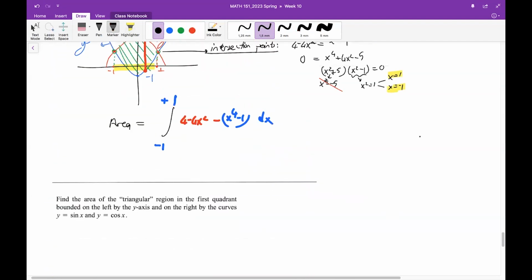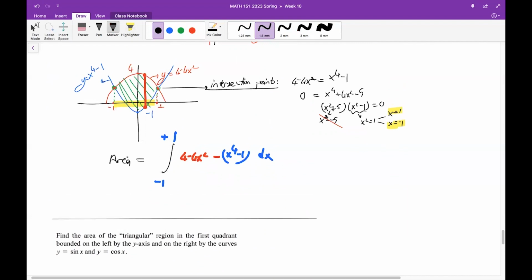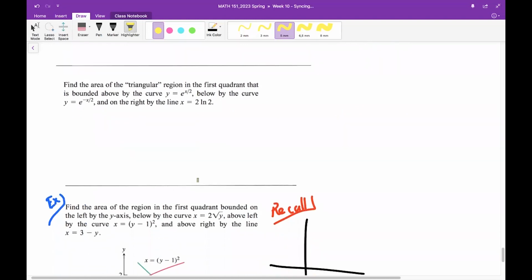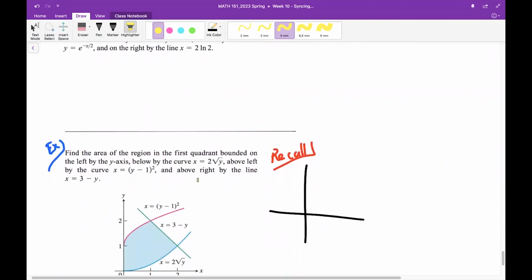Remember, so far the areas are computed by the integrals with respect to dx, right? And we were using x boundaries here. You can change the roles of x and y, and you can still construct a definite integral with respect to y to find the area.